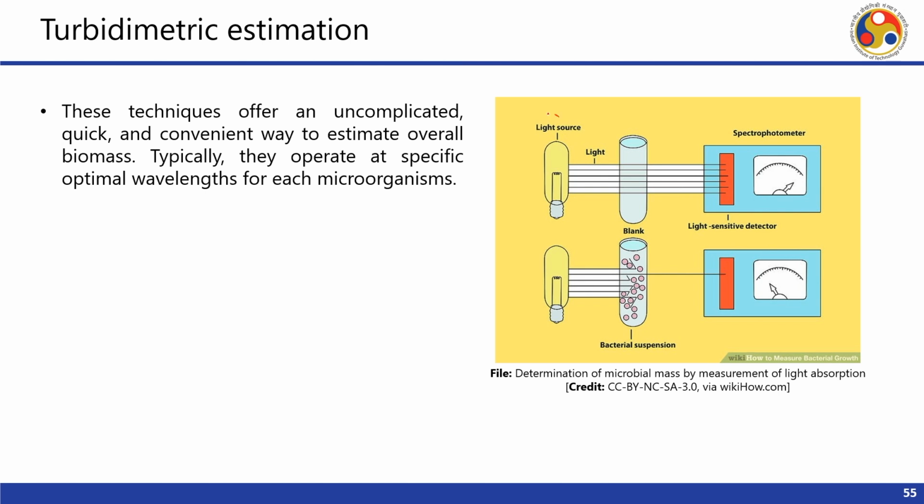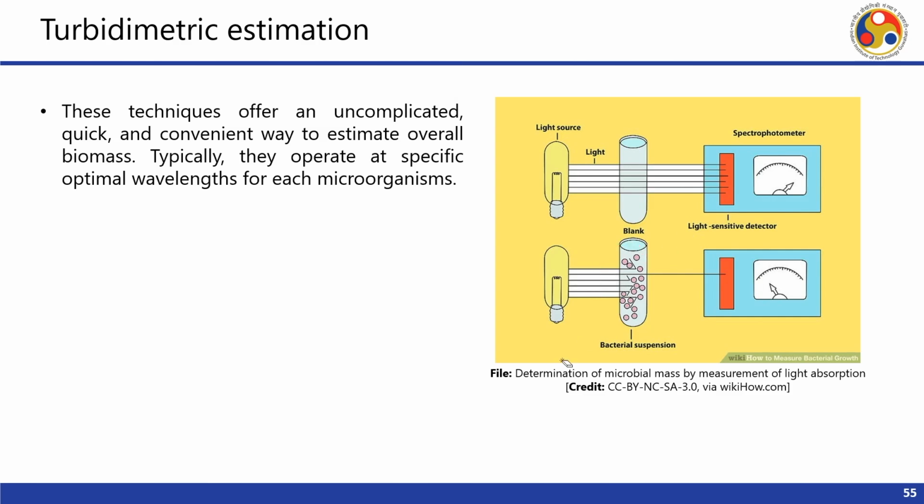Here we have a light source, and then we have a sample, which is basically in a glass vessel through which light can pass, and then there is a light sensitive detector, and we get some kind of reading due to the presence or absence of sample in this sample holder. You can see here the transmission of the light is stopped if this sample holder has a lot of bacterial cells or any particulate matter.